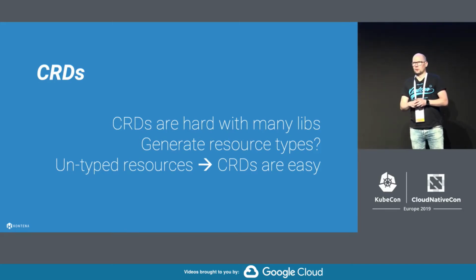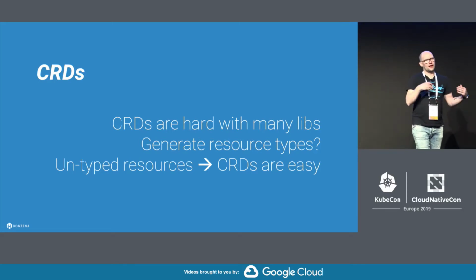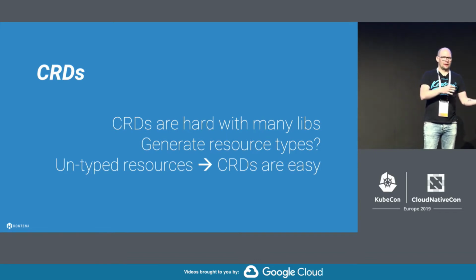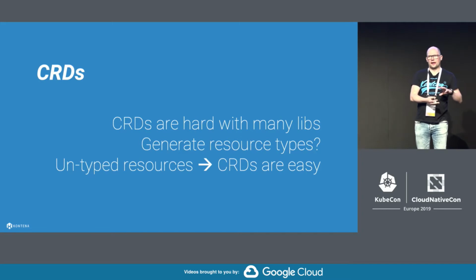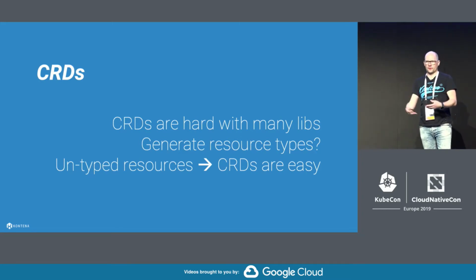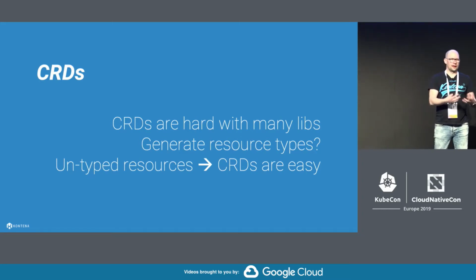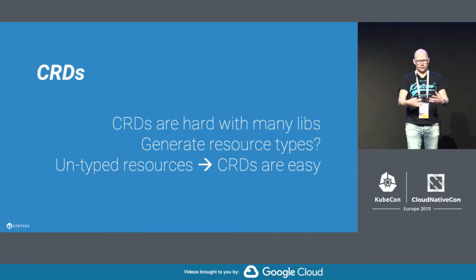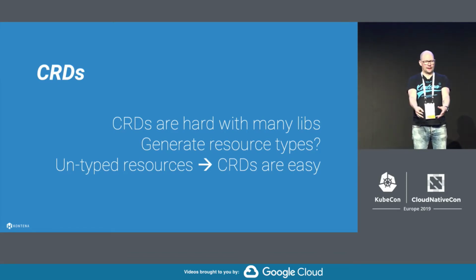So we started to think whether we should generate stubs on the client side for the known types of resources, so that on the client side I could actually say, I really want to create a pod now, and the client would understand that it's really a pod.